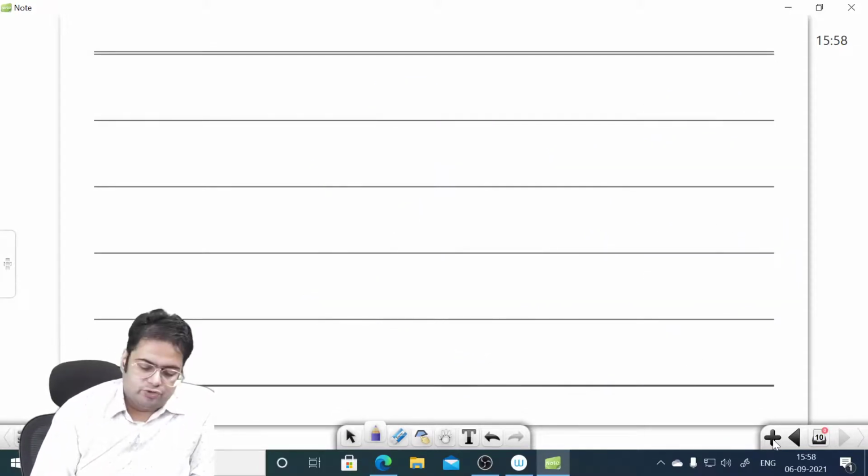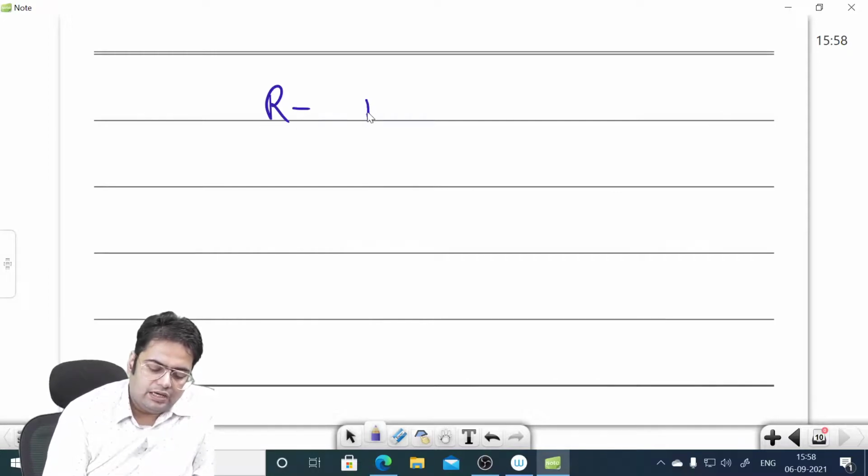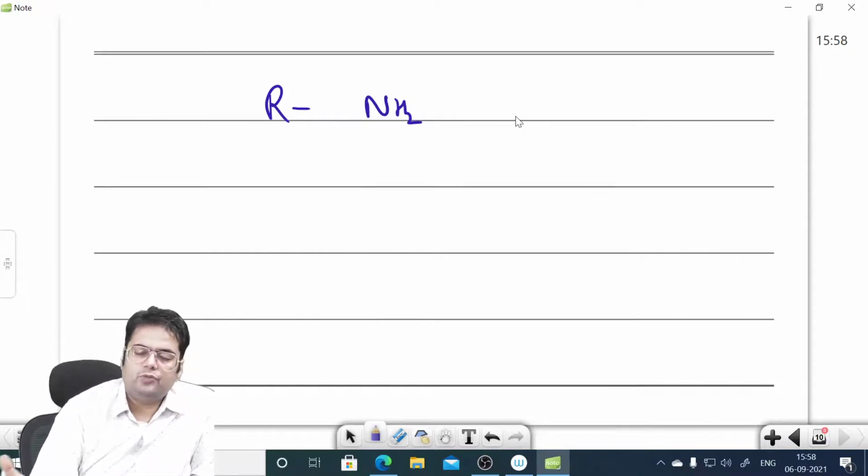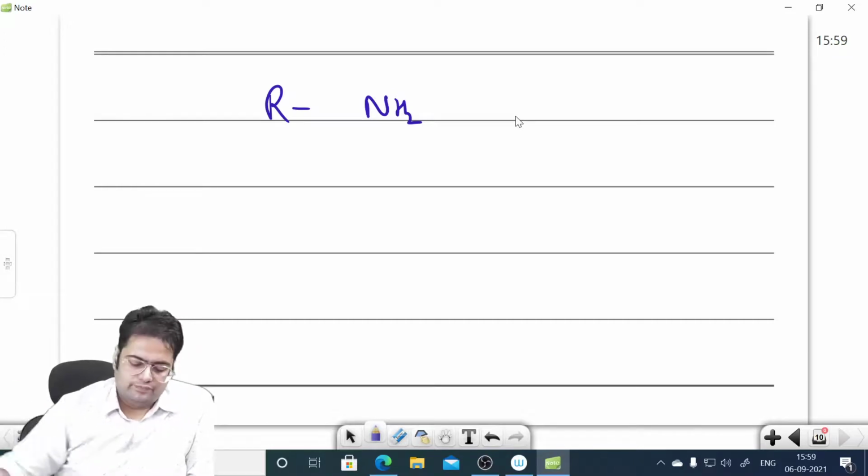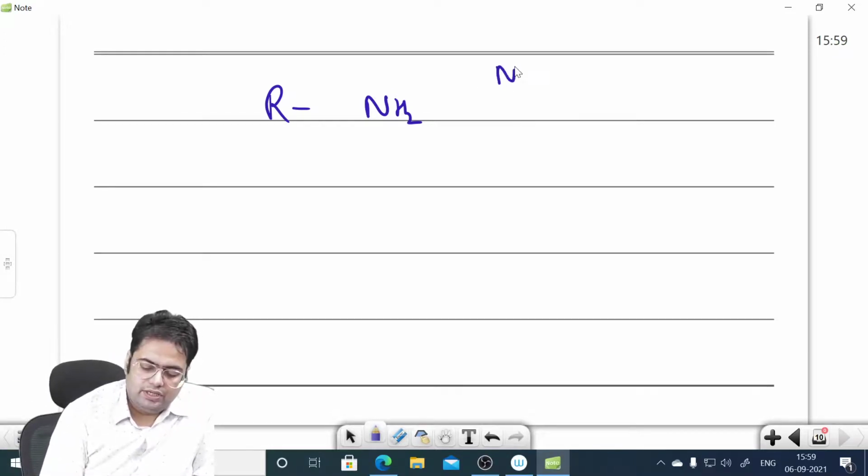What will be the next situation? Let's say we have RNH2. Because NO plus will not exist, it is pretty reactive, so we need something which can back it up. Now this oxygen wants its bond back so that it will become stable.